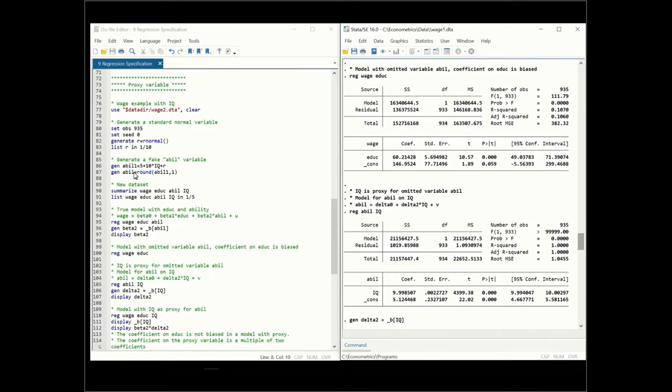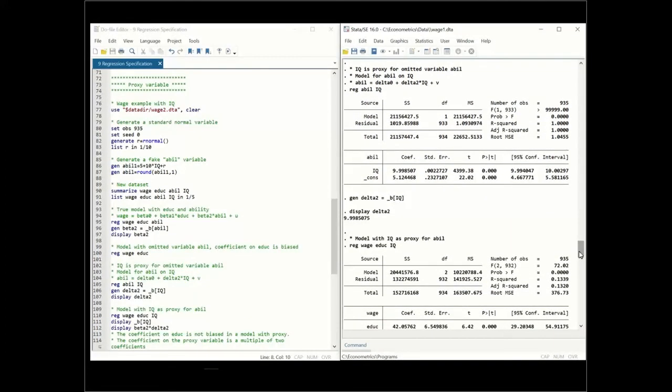So once I run the regression of ability on IQ, I get back the same coefficients that I originally used to create that variable. So this is not surprising at all. What we will do here is generate delta 2, and delta 2 picks up the coefficient on IQ, and we would be displaying it, and that will be that coefficient of 10 here on IQ.